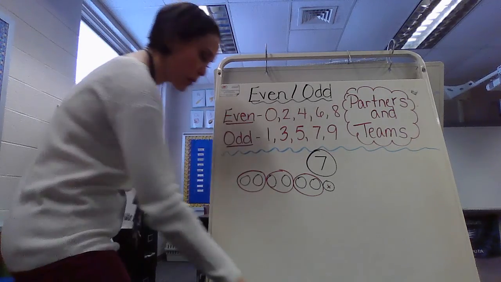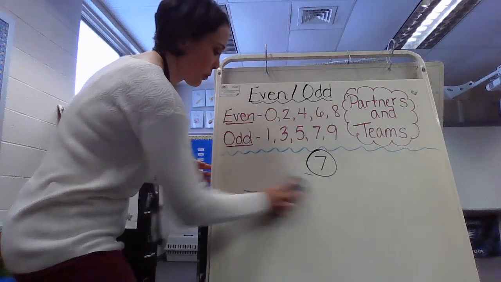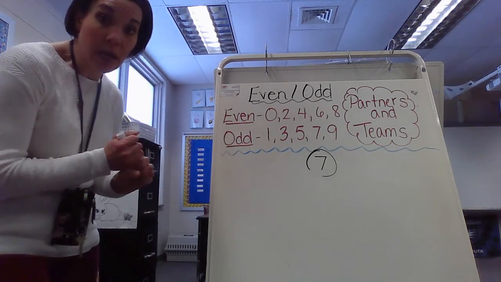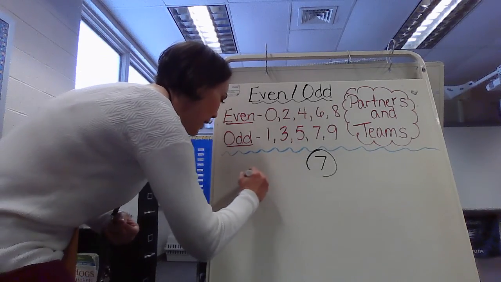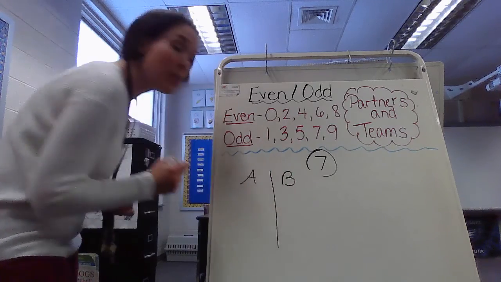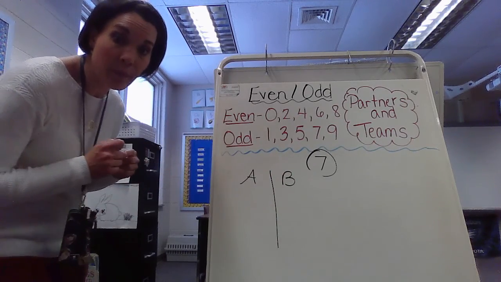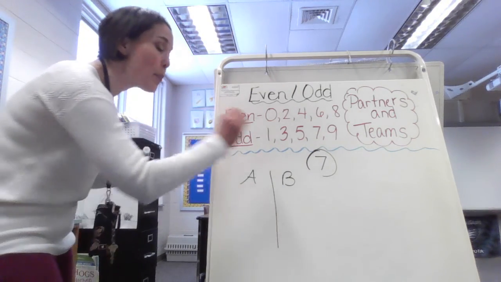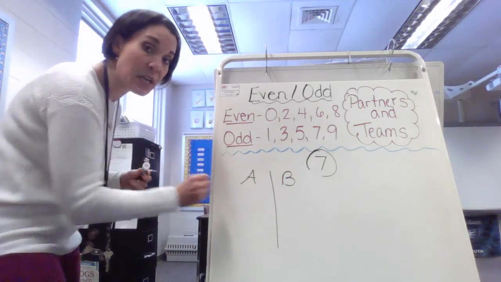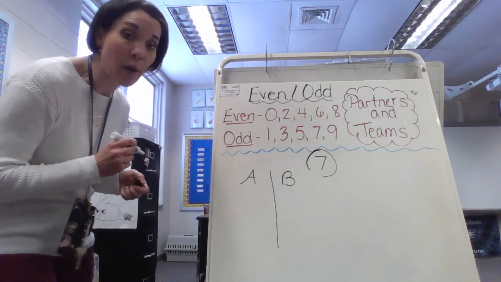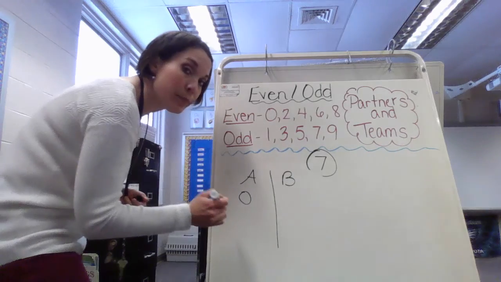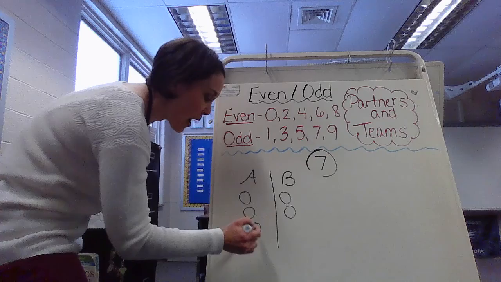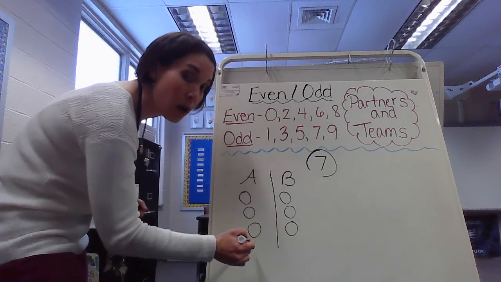This is my partner situation. Let's go to my team situation. Now I'm going to make 2 teams, an A team and a B team. Keep it simple. I'm going to take those 7 circles and pass each one out to each team. Watch what I do: 1, 2, 3, 4, 5, 6.